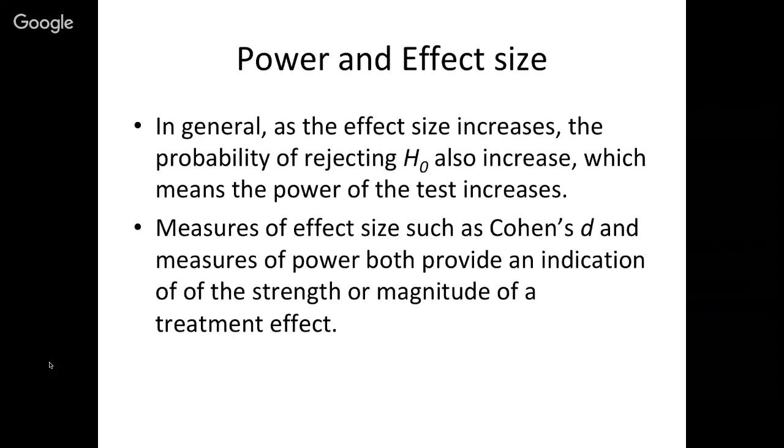And both effect size and power provide an indication of the strength or magnitude of the treatment effect beyond the significance level of the treatment. Because here we know the strength or magnitude, while the significance level only tells us whether or not it's significant. We don't know whether the effect is big or small.